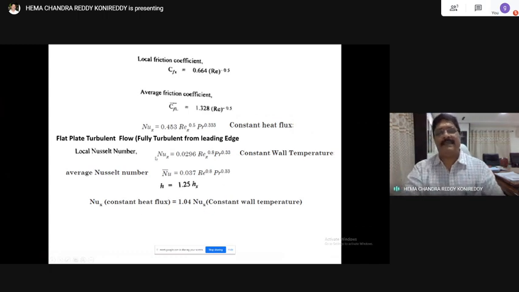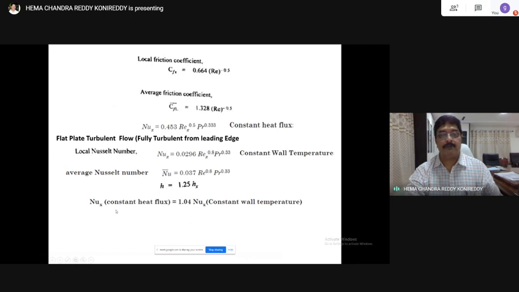So in this case, the local Nusselt number is given by this equation, and the average Nusselt number is given by this equation. The relation for turbulent flow is 1.25 times. Whereas in laminar flow the average is twice that of local, here the average value is 1.25 times that of the local heat transfer coefficient.